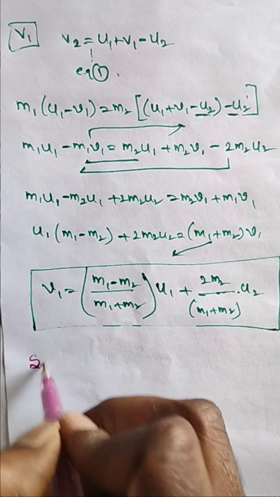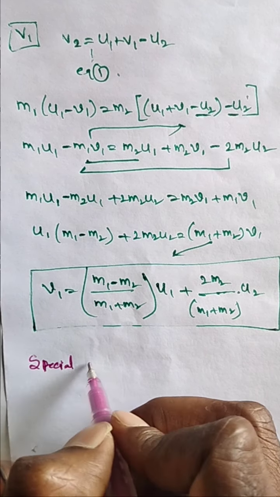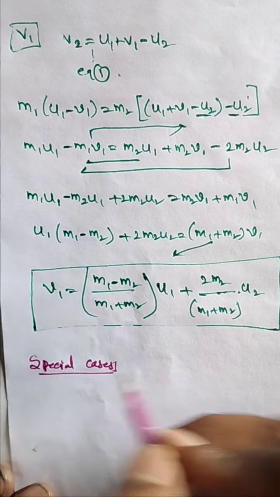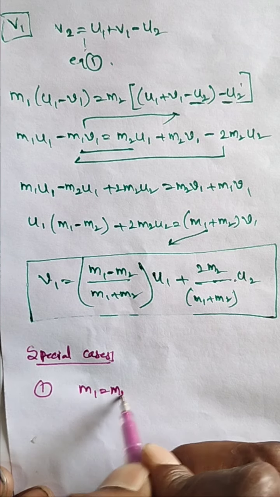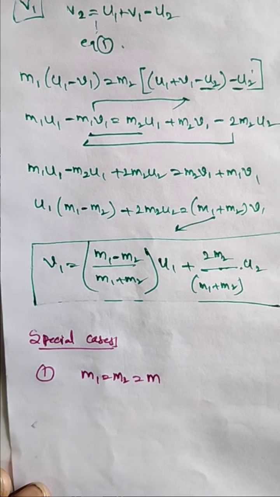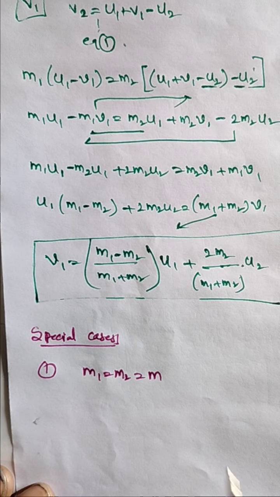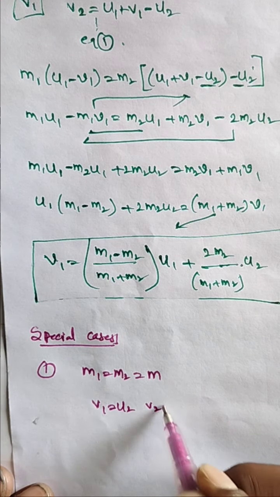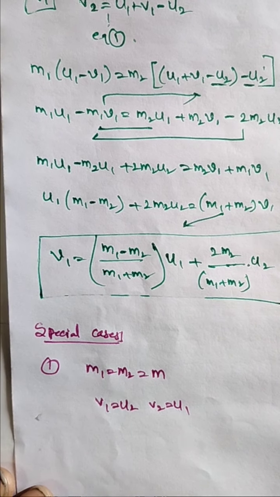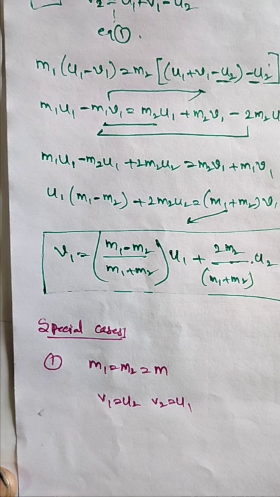Some special cases are there. Okay, so the number of special cases. First one: if m1 is equal to m2 is equal to m, both are the same masses, what happened? Their v1 is equal to u2 and v2 is equal to u1. Just substitute m1 is equal to m2 is equal to m.